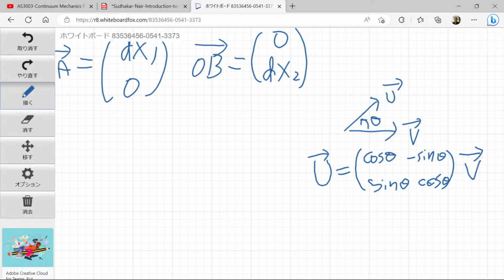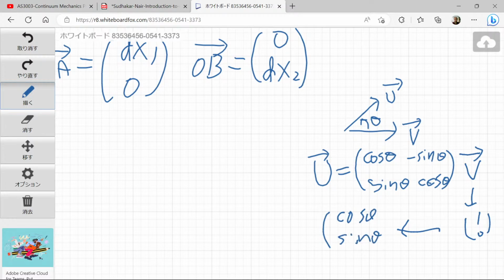Yeah. So if V is 1, 0, this goes to cos theta, sine theta. If V is 0, 1, this goes to minus sine theta, cos theta.